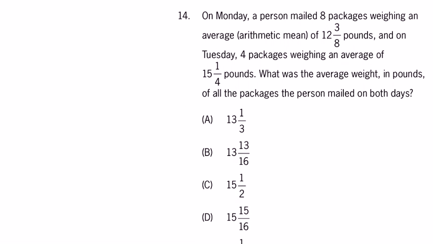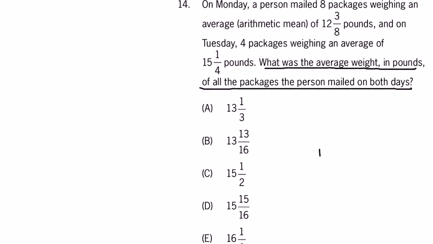Now, what was the average weight in pounds of all the packages? Again, I skipped to the end of the problem to figure out what the question is. Now, the key with average problems is that, let's say I wanted to average 1, 2, and 3. What do I say? 1 plus 2 plus 3 divided by 3 equals the average.